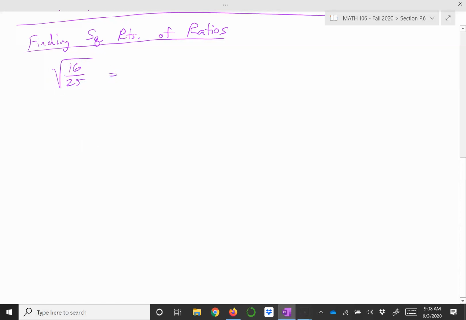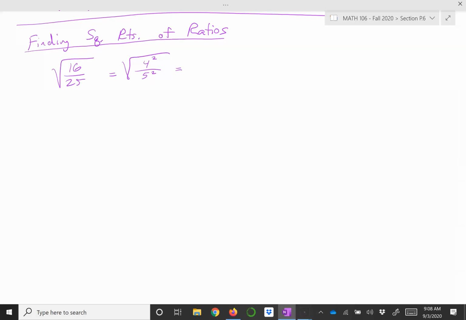One thing you could do if you weren't sure what you were doing is to change 16 and 25 into exponent form. So what would 16 be in exponent form? Wouldn't that be 4 squared? And then 25 in exponent form would be 5 squared. The next step would be, here's what you're allowed to do with ratios or fractions or quotients.